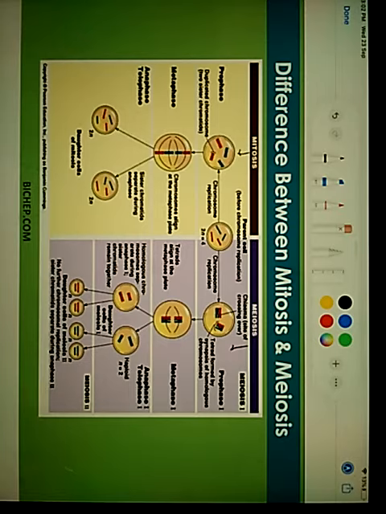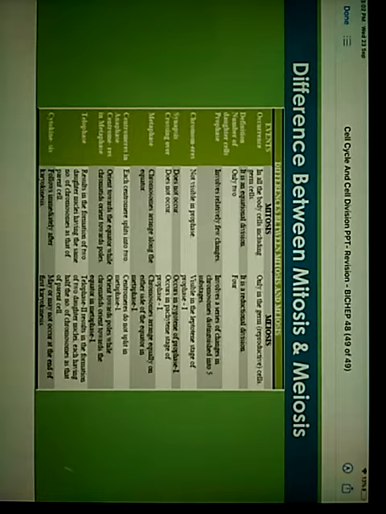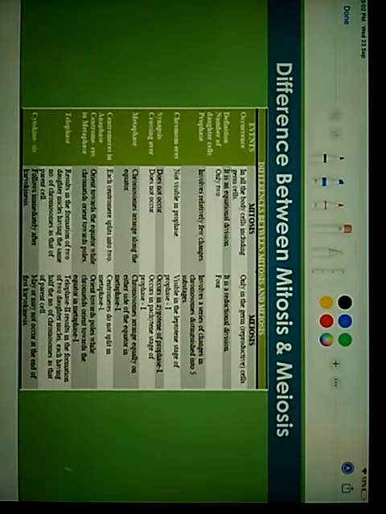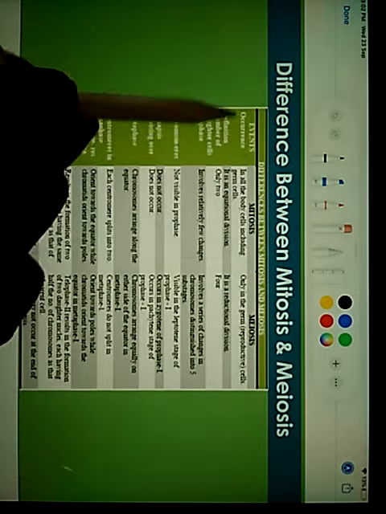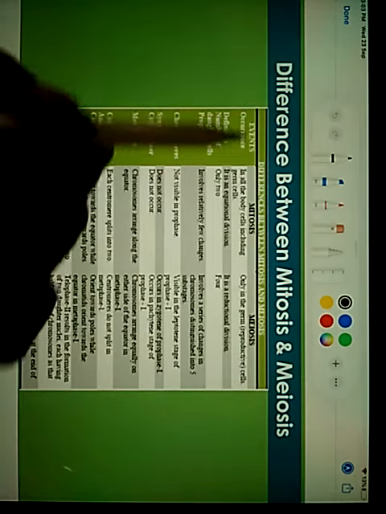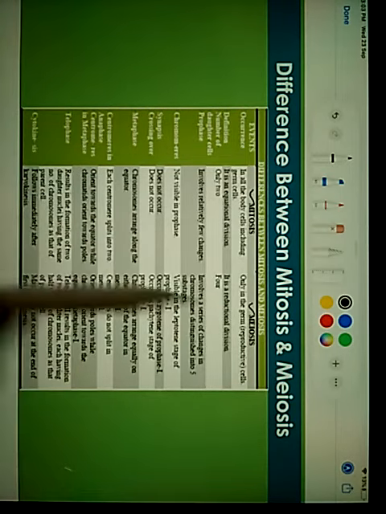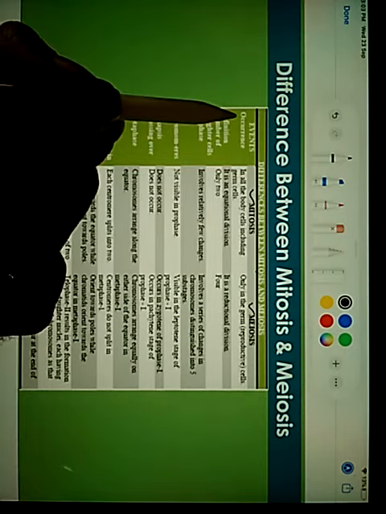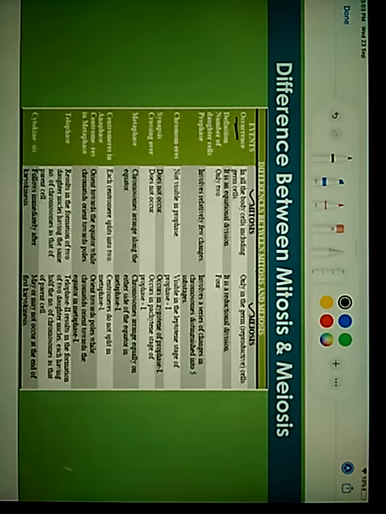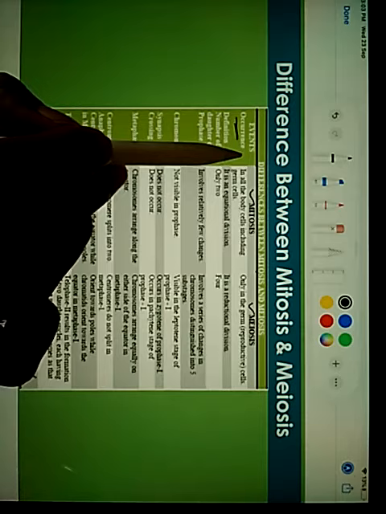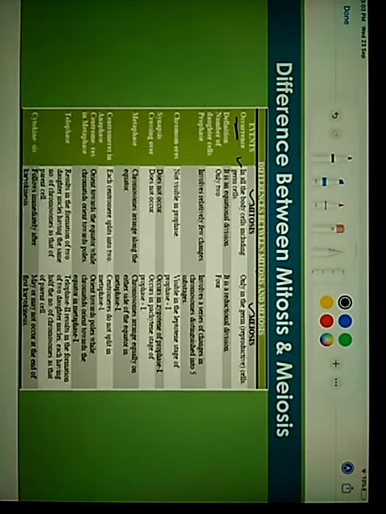Each and every difference between meiosis and mitosis we are supposed to discuss now at the end of the chapter, right? There are many events which happen in mitosis as well as meiosis, so let us discuss each difference between both of them. Number one, occurrence: where it is occurring. Mitosis occurs in all the body cells, including normal cells, right?